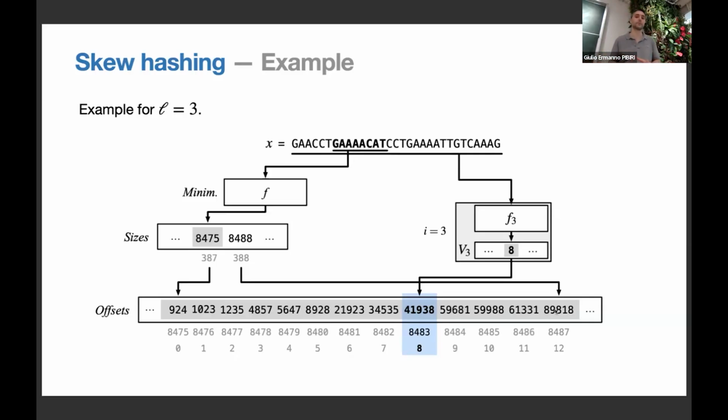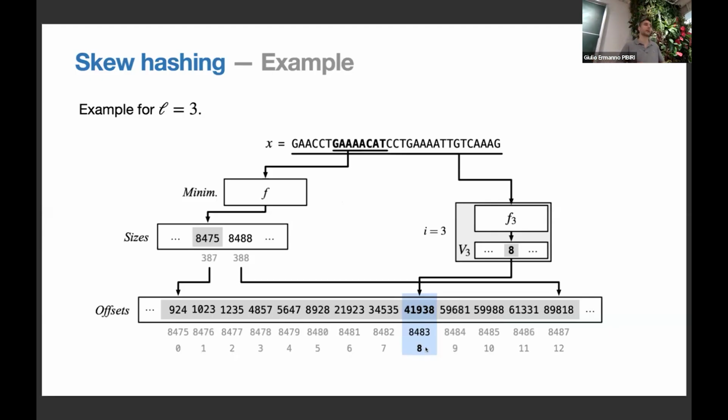As computer scientists, we want something fast. So if I detect that my minimizer appears many times, more than 2 to the L times in this example, then I know that I can look it up in a different data structure, which is another minimal perfect hash function, which gives me directly the ID of the super k-mer that I have to scan. So I can jump directly to super k-mer ID 8 and just look for my k-mer X inside this super k-mer.